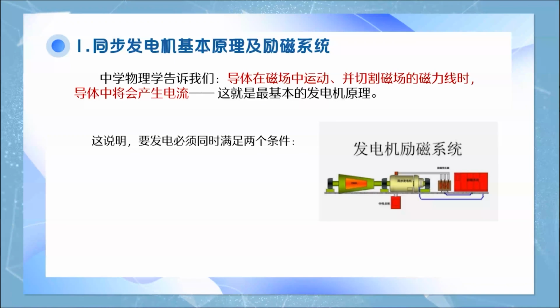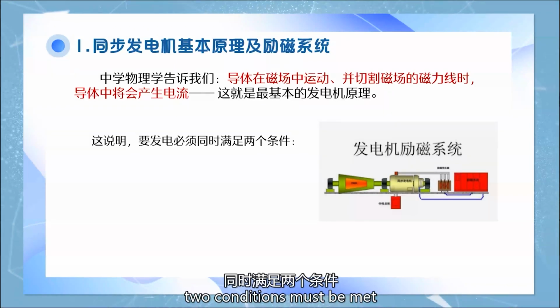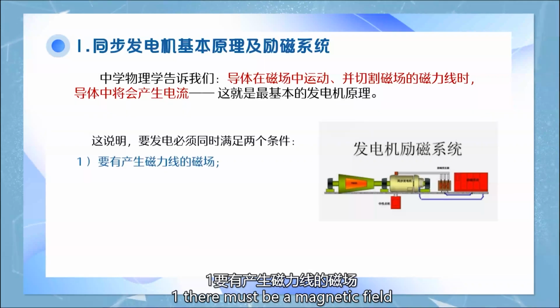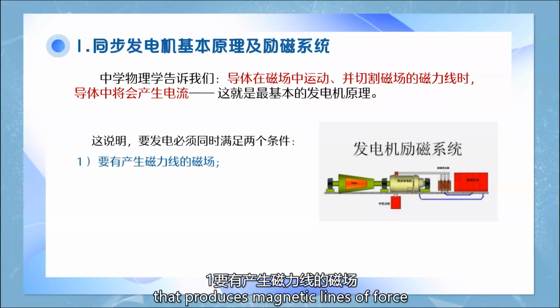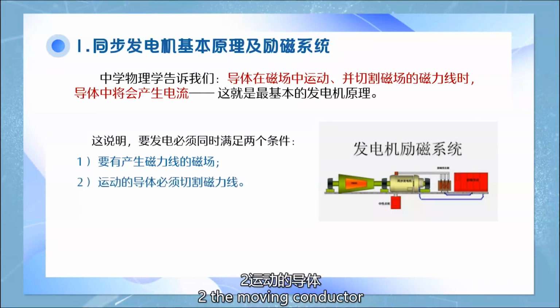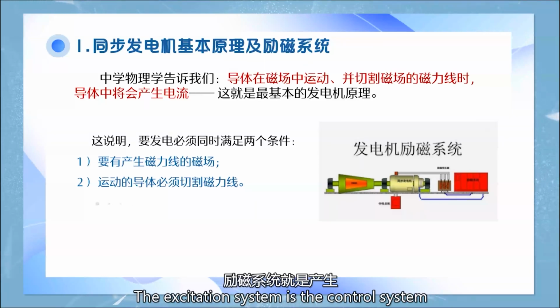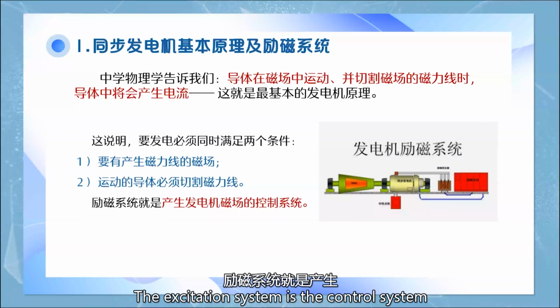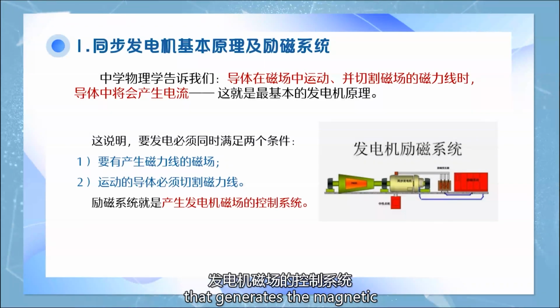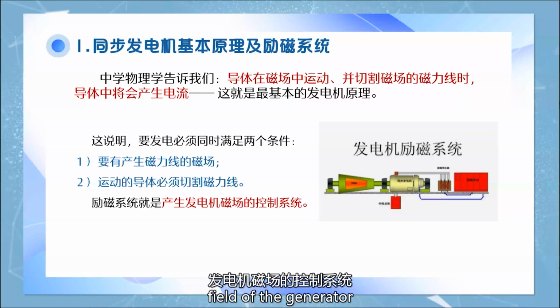This shows that to generate electricity, two conditions must be met at the same time. First, there must be a magnetic field that produces magnetic lines of force. Second, the moving conductor must cut the magnetic lines of force. The excitation system is the control system that generates the magnetic field of the generator.